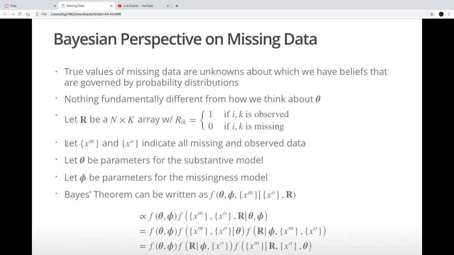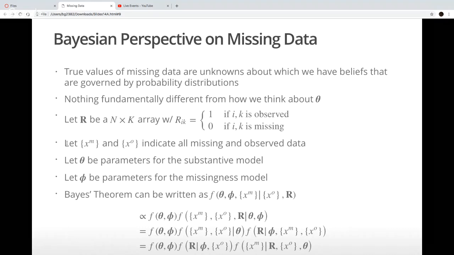Then we have a vector of parameters theta that has our intercepts and our coefficients and other things that we would be substantively interested in. If all the data were observed, then we would just be getting a posterior distribution of theta. But they're not, so we need some additional parameters phi, which are usually not that interesting, but govern how and which observations go missing and which get observed by the researcher.